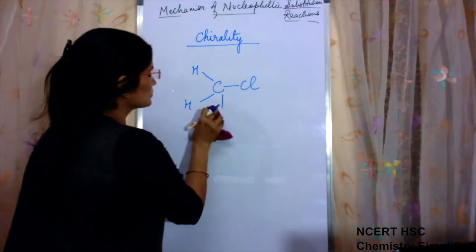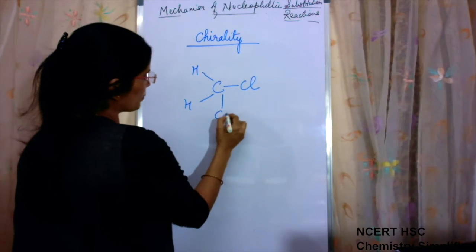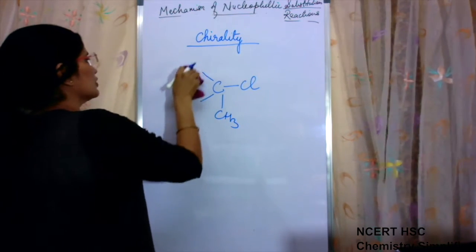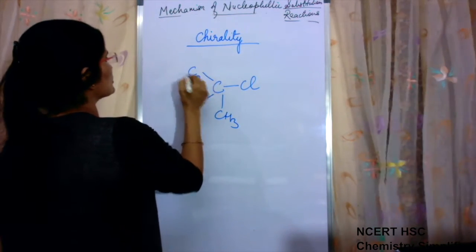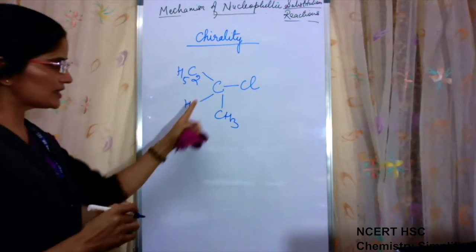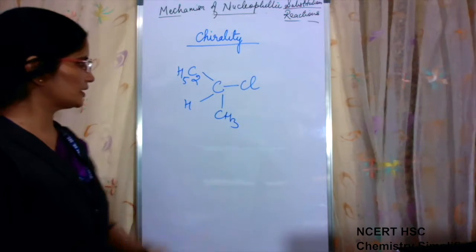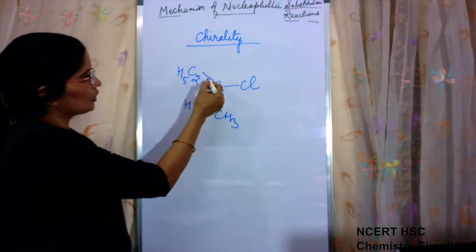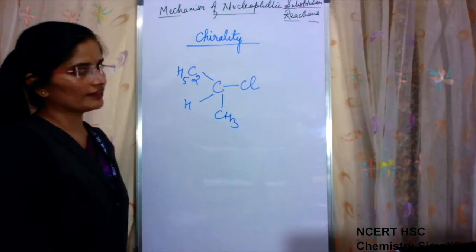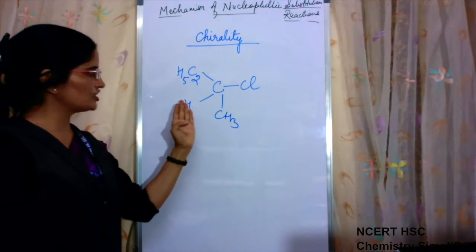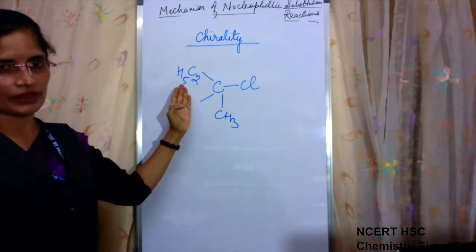Now, if one of the groups is CH3 and one of the groups is C2H5, you can say that the carbon atom present in the center, having the halogen atom, is attached to all groups which are different. CH3 is here, H is here, C2H5 is here.